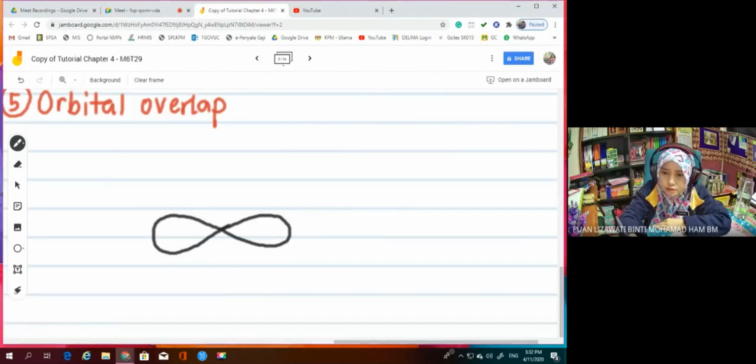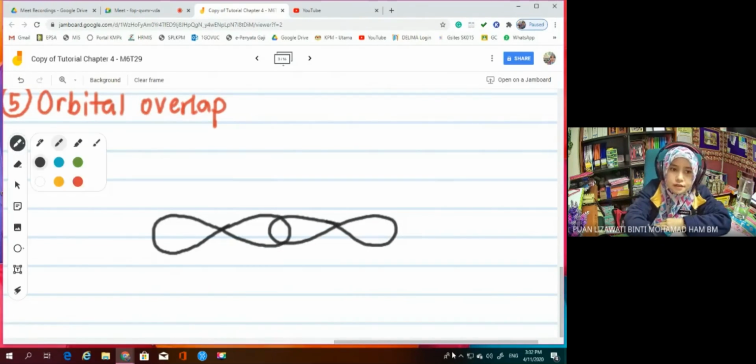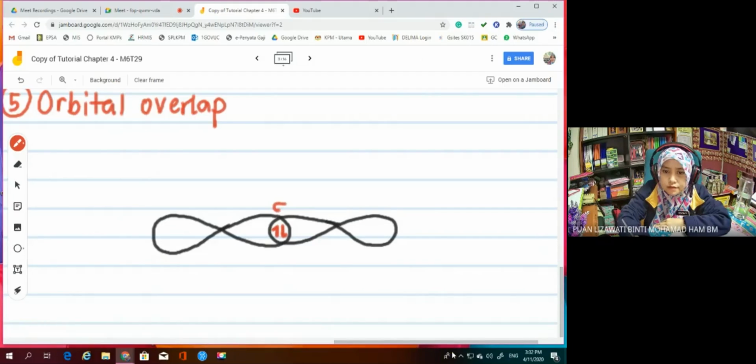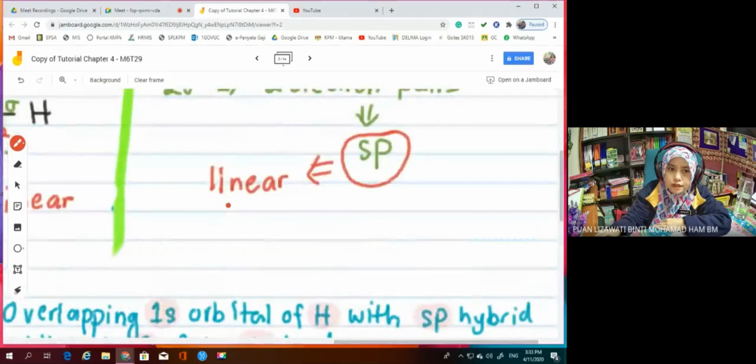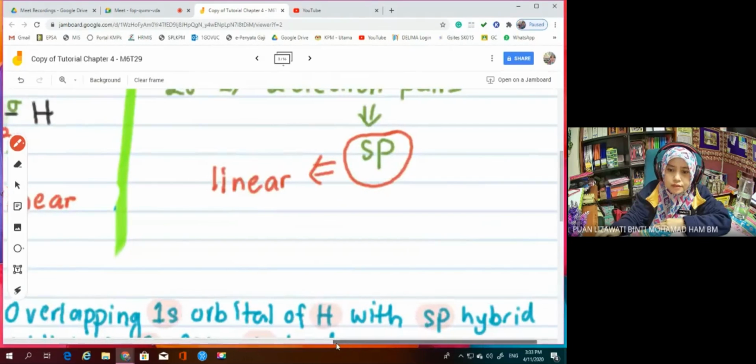Next you draw the second sp hybrid orbital for the second carbon here. Next, draw the overlapping region. In the overlapping region, you have to draw spin up and spin down to show the electrons that form the sigma bond.